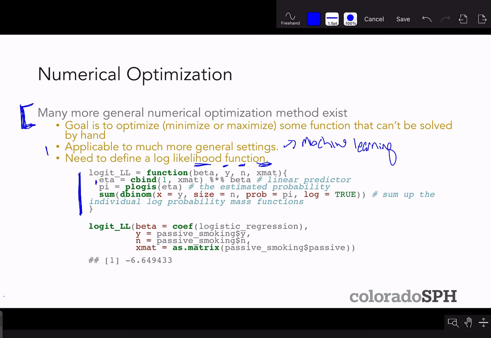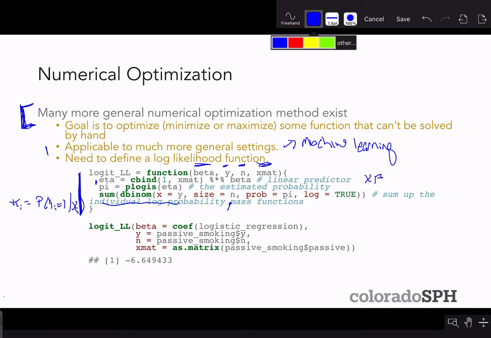We have eta, which is your x values times your beta coefficients. That's your x beta, your linear predictor. We've defined pi. That's your probability that yi equals 1 given your covariates x. That's something else that goes into the log likelihood. And then the actual log likelihood can be calculated by summing up for all the trials and the y values.